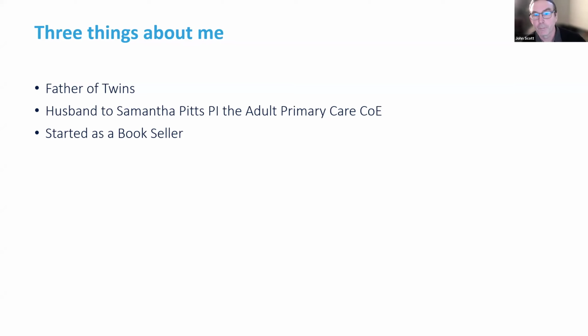She's PI for the Adult Primary Care COE. And I didn't start as a software engineer. I started as a literature major and a bookseller. And I got a computer connected to the University of California library, and I thought, wow, this is just like a bookstore. And I started bookstore.com in 1996. And since then, largely just software engineering.